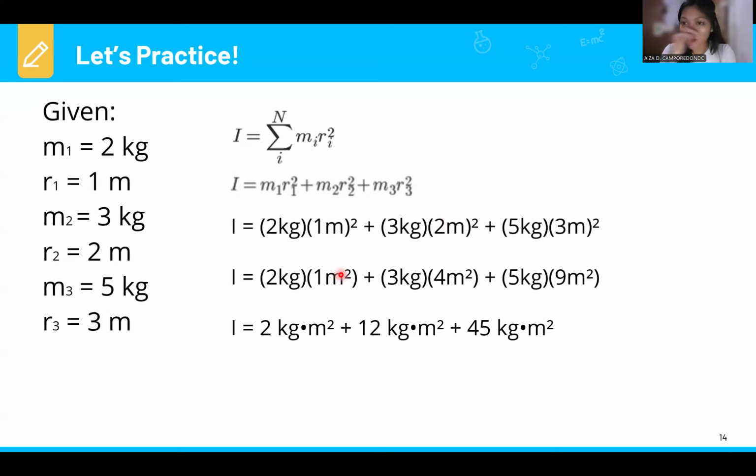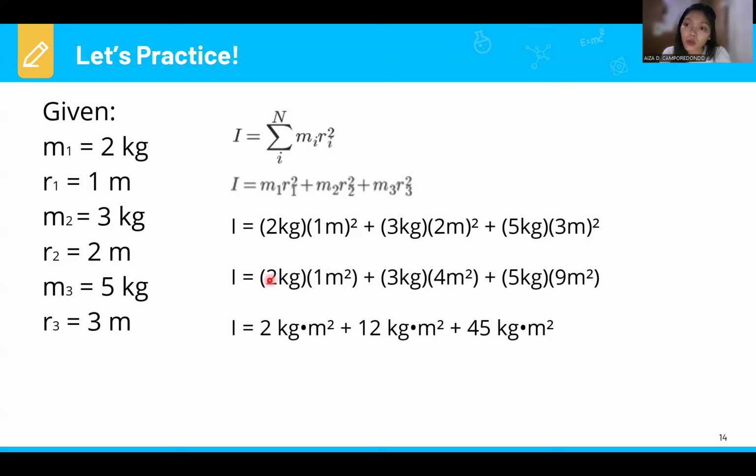We're going to solve the radius first here, since it is in squared form. Now, 1 multiplied by itself is actually still 1, and 2 multiplied by itself is 4, and 3 multiplied by itself is 9.